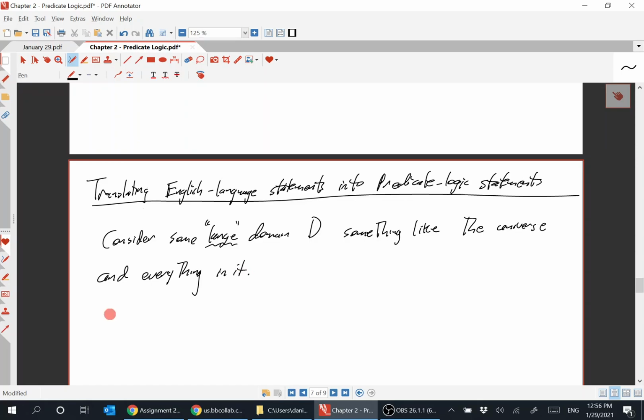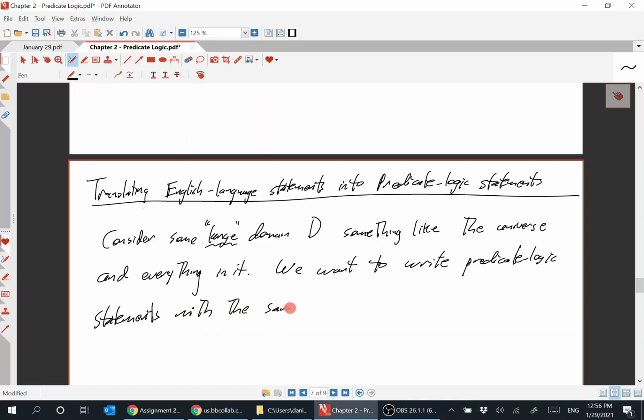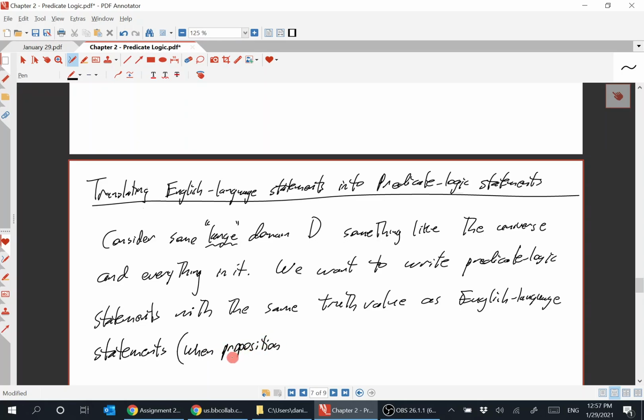What we want to do is write predicate logic statements with the same truth value as English language statements when appropriate, when propositional logic is insufficient.